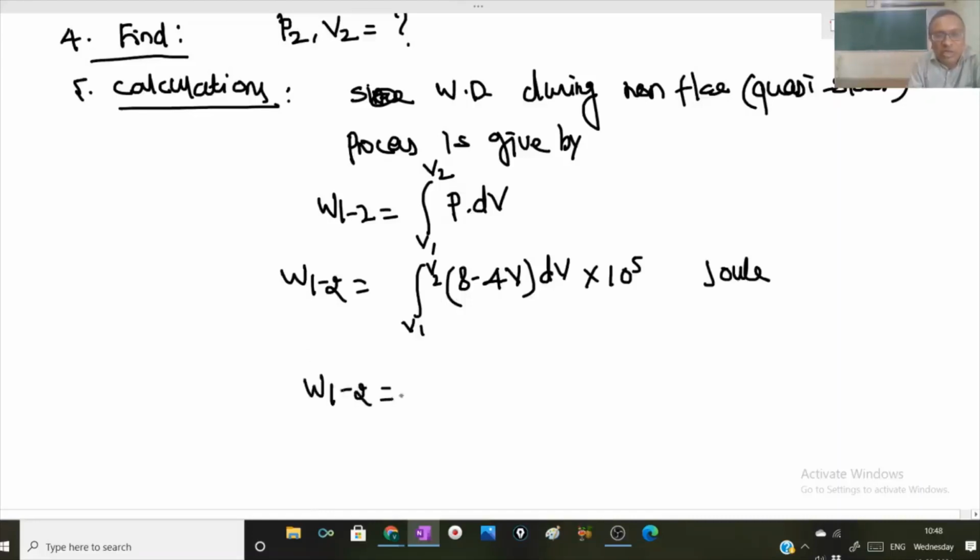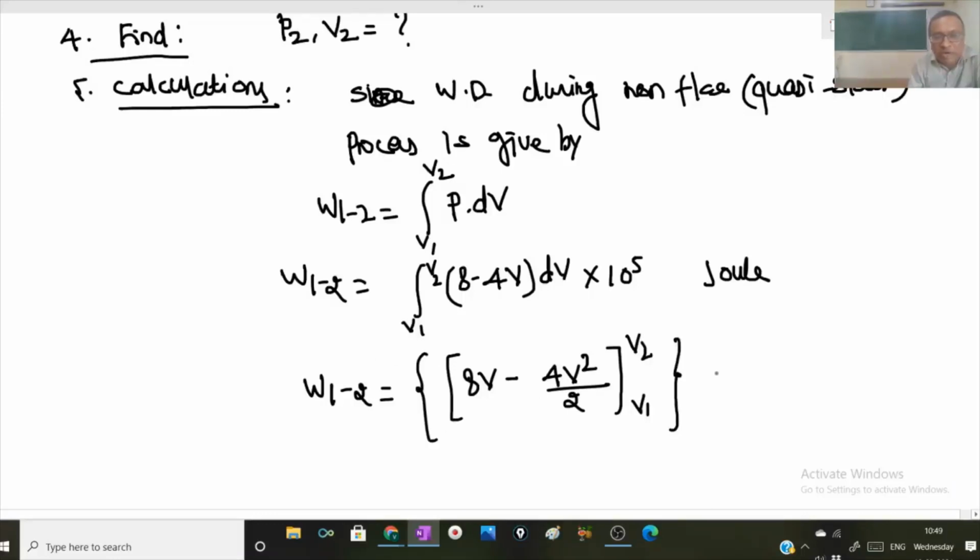W12 integration will give me 8V minus 4V square by 2. Volume will be from V1 to V2. And this entire term is multiplied by 10 to power 5.